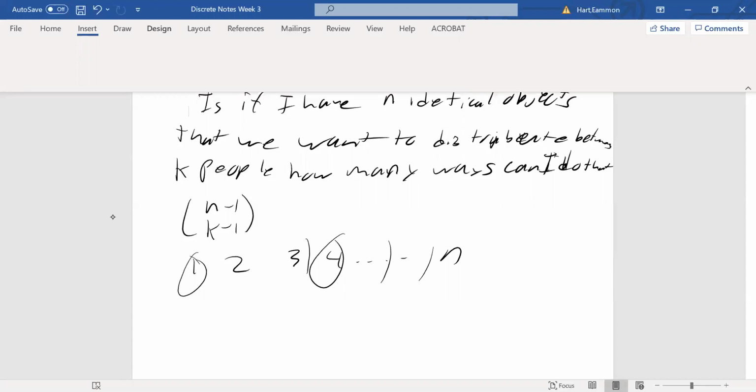And it turns out we're actually picking k minus 1 of the places for him to stop. And he can stop at any point other than n. He can't stop at n because that would mean that the last guy doesn't get any pennies. And we said that everyone has to get at least 1 penny. Sorry, I didn't specify that: we distribute between k people such that each person gets at least 1 penny, at least 1 object.